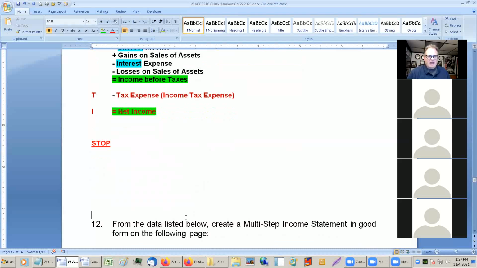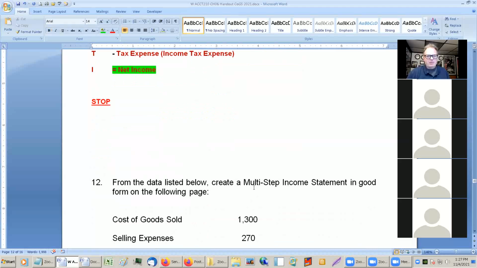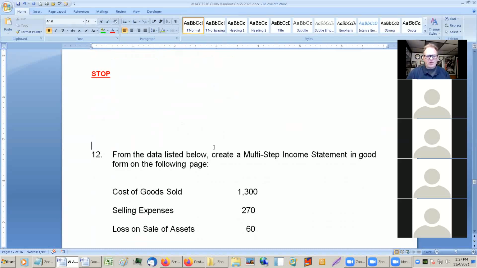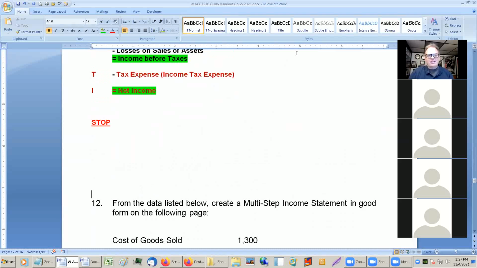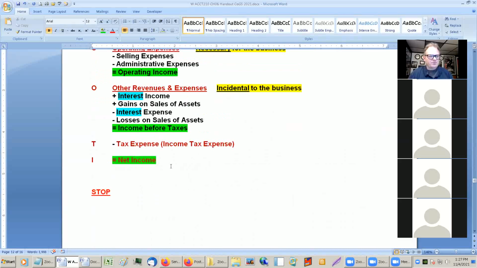We'll go over this. And I want to take a little bit of time on this multi-step income statement because you guys are going to see this in many of your other classes. Your finance classes, you might see it in the econ classes, there's other places you'll see this. So anyway, the multi-step income statement is one of those things that is good to know going forward. Okay, so we'll stop here and let me save it.